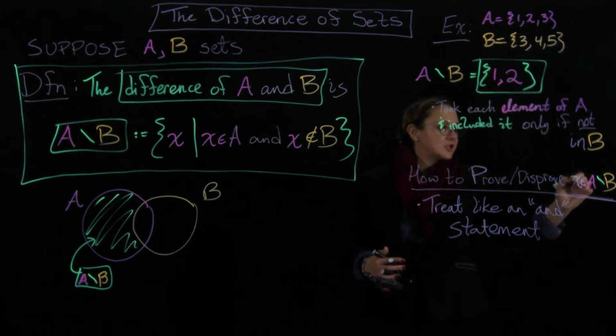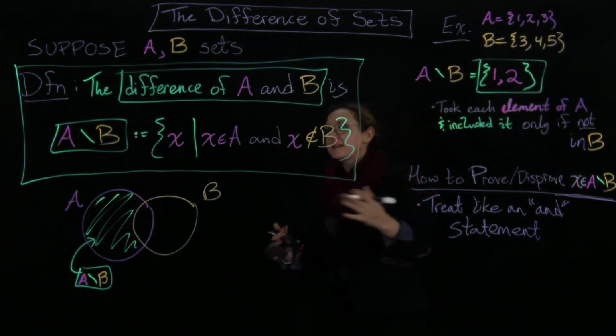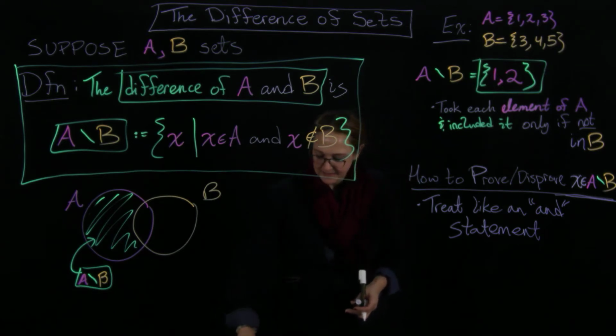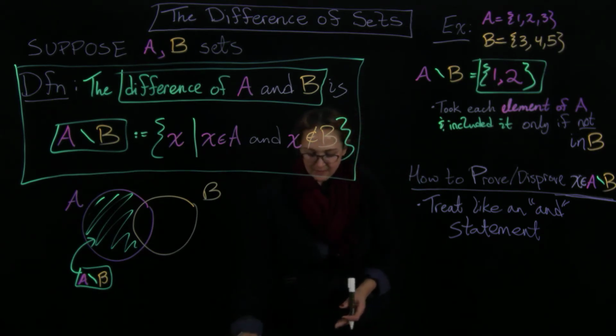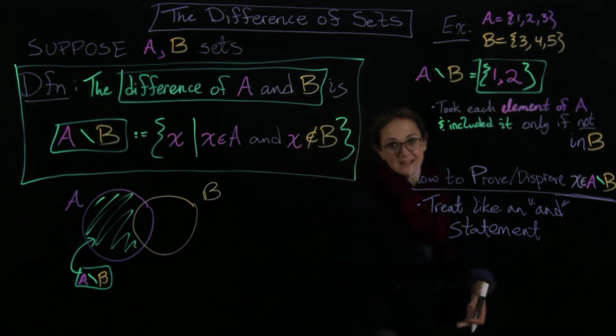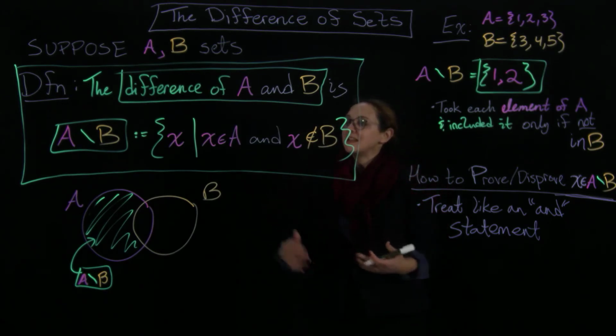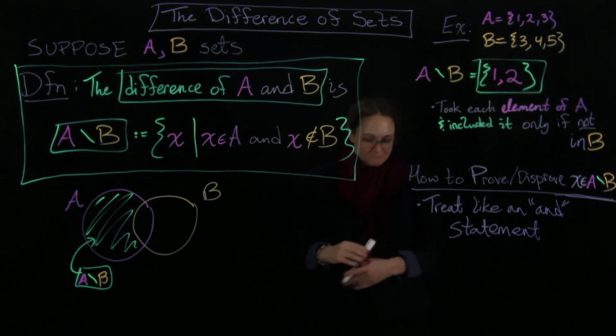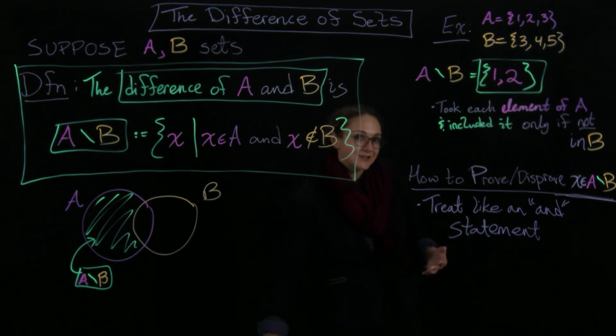Now we're negating an and statement, so we use De Morgan's laws, and we know that we need to prove that either it's not in A or it's contained in B. Those are the two ways that it could end up not in that set.